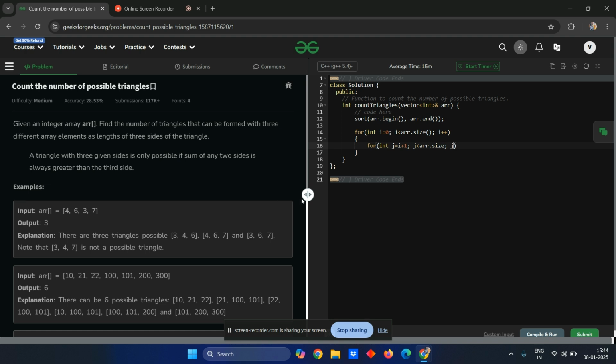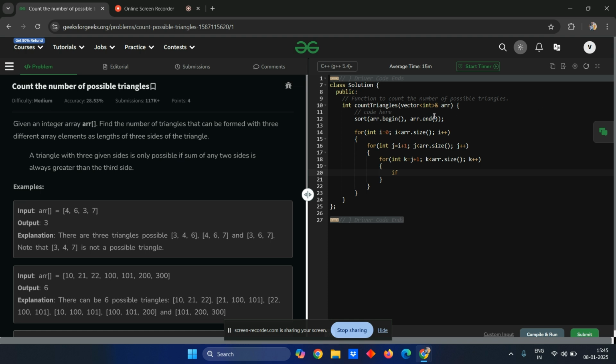So here, int i is equal to 0, j is equal to i plus 1, and if I'm declaring my third variable, let's say k is equal to j plus 1, and k is less than array.size, that means we need to traverse it till the size of the array. Then k plus plus. Now I have declared all those variables at the starting three positions.